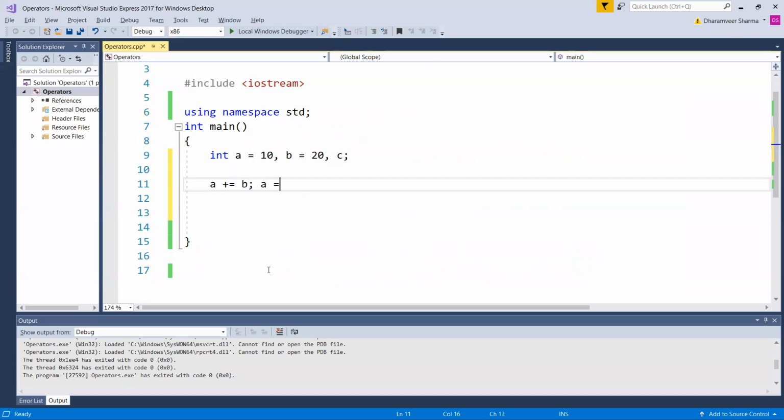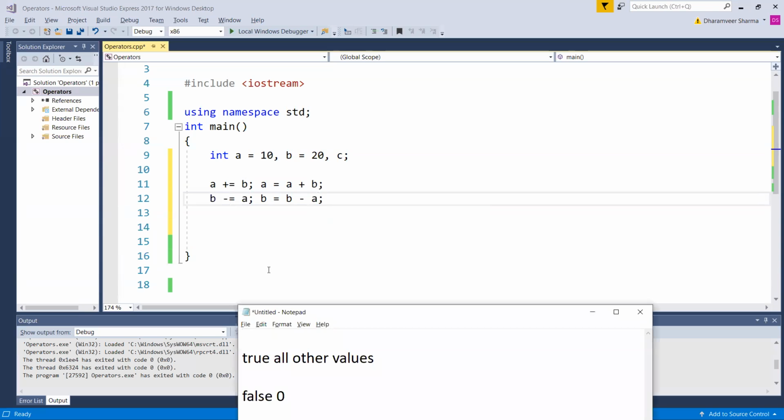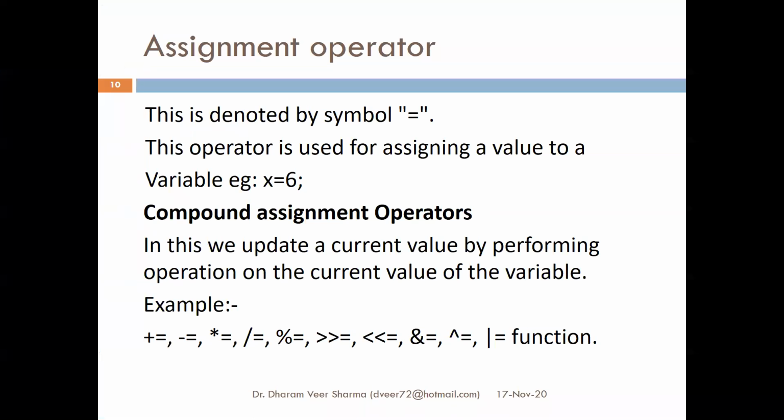This evaluates to a is equal to a plus b, right? Similarly, b minus is equal to a. This will evaluate to b is equal to b minus a. We can use compound assignment statements. And you can use arithmetic operators, logical operators, comparison operators, and some bitwise operators also.